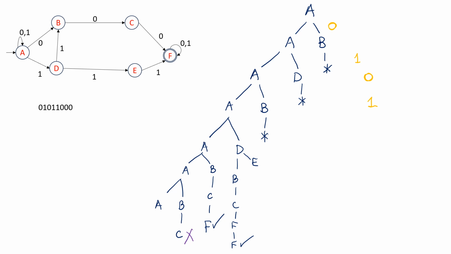But from A, I can go again and continue reading the input, which is A or B, and those are, of course, also fails. So you'll see here that there are 2 ways to get to accepting, just reading through the letters, and therefore this string will be accepted.